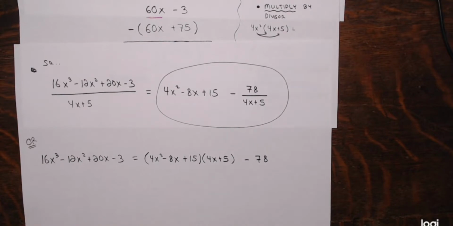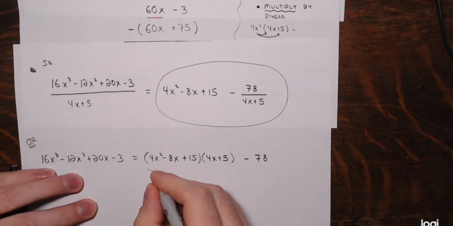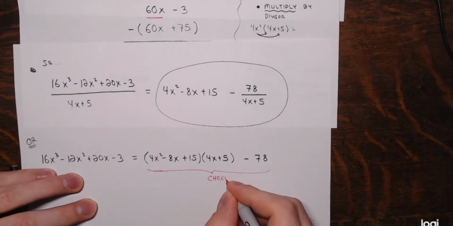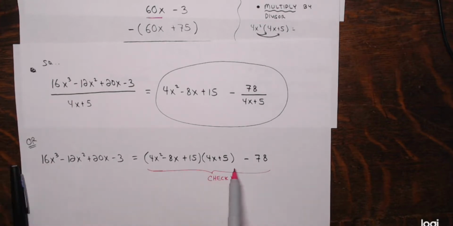Let's check it. So I'm going to take this side here and actually multiply it out. And if I multiply this stuff out and combine like terms, we better get the dividend back. If this is true, if these are truly equal.